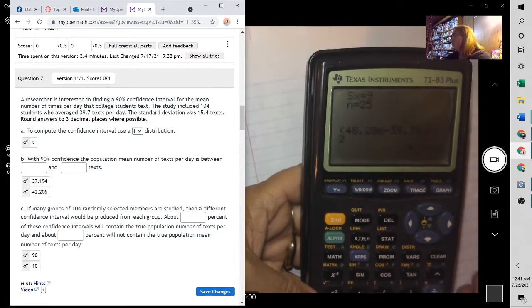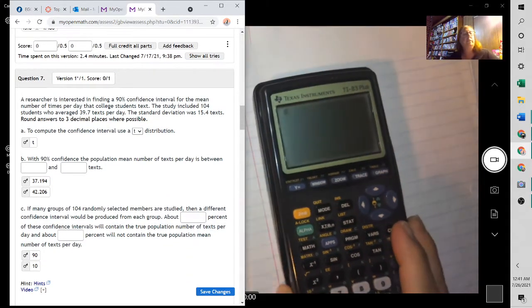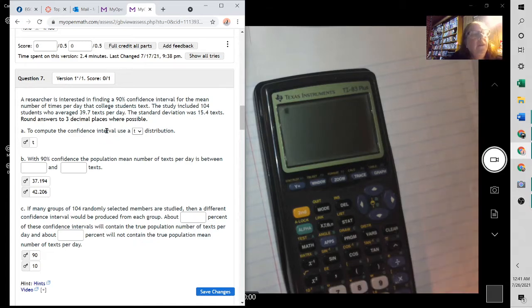And then number 7. So the first thing is to decide if it's a T or a Z distribution. This one is a T. The reason it's T, the researcher is interested in, we're getting a 90% confidence interval, the mean number of college students.